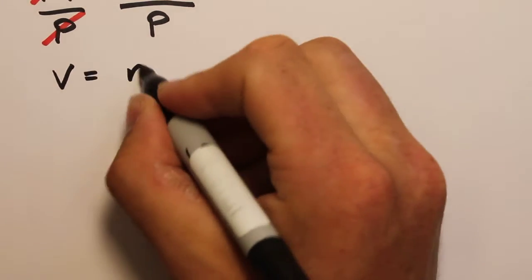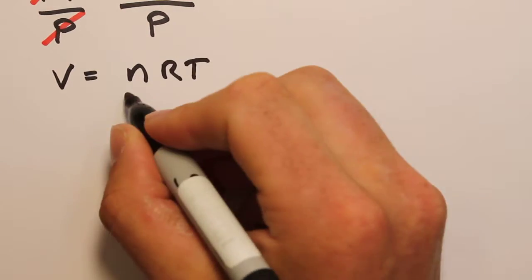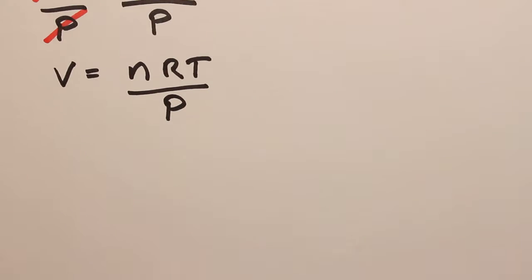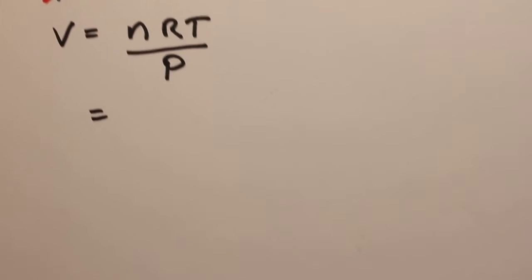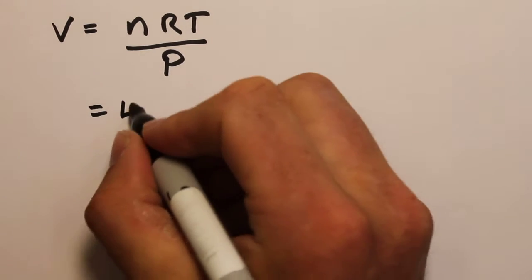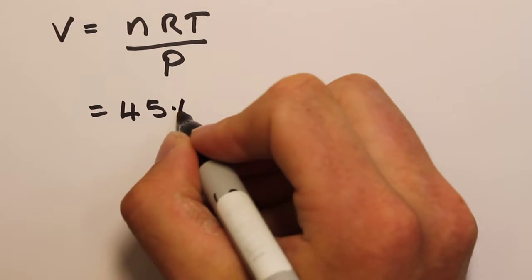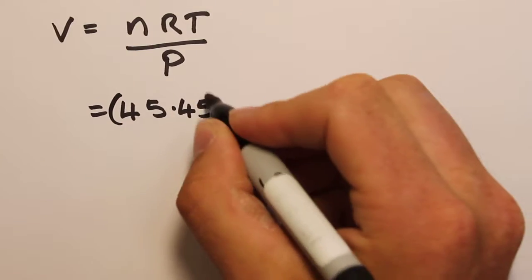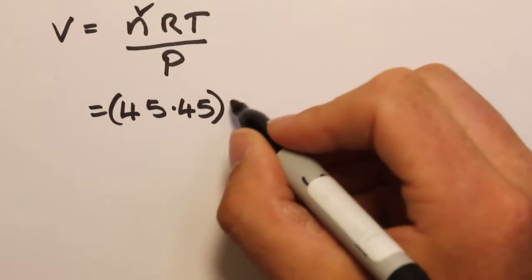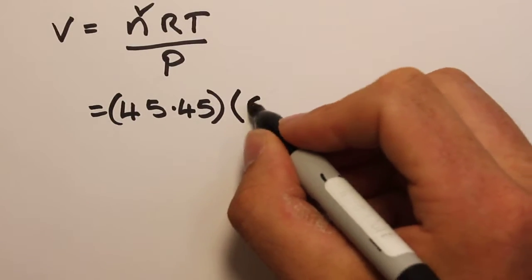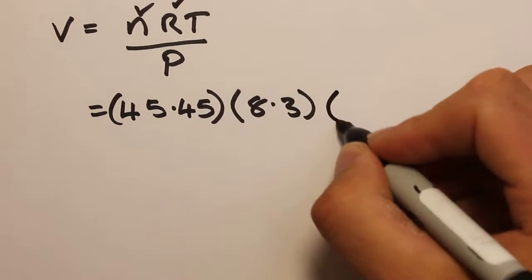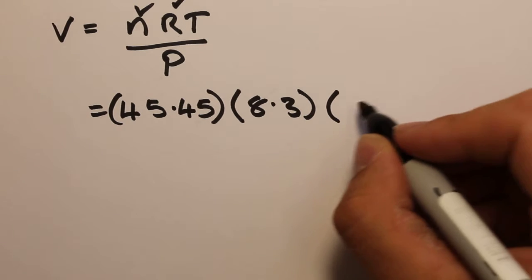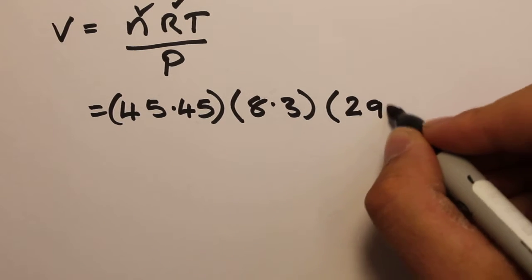Volume is equal to nRT all divided by our pressure. Now, our number of moles, our n, was 45.45. Our R is 8.3. And our temperature was 290 Kelvin.